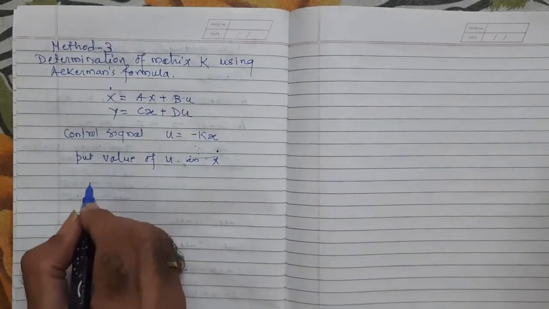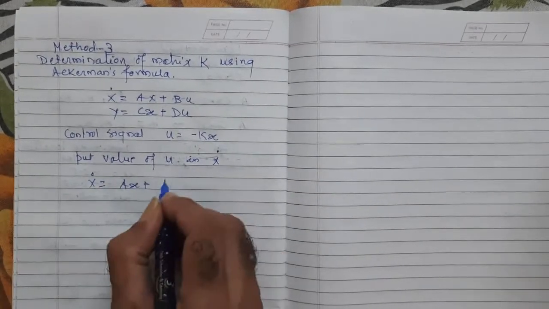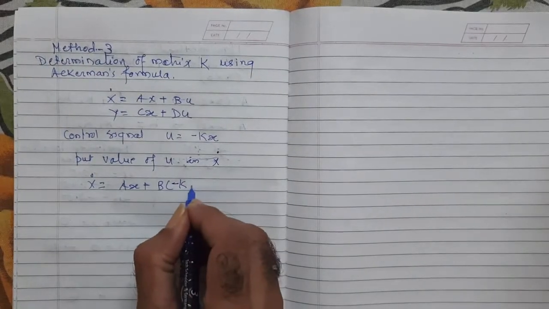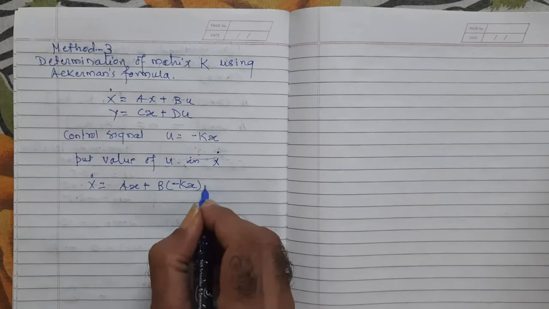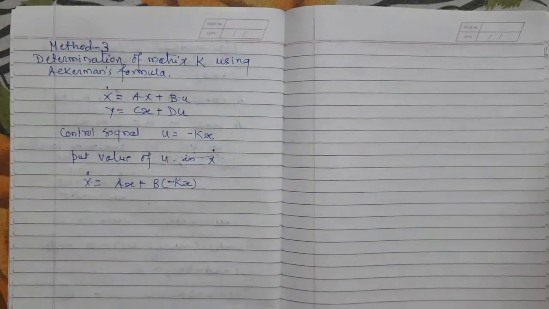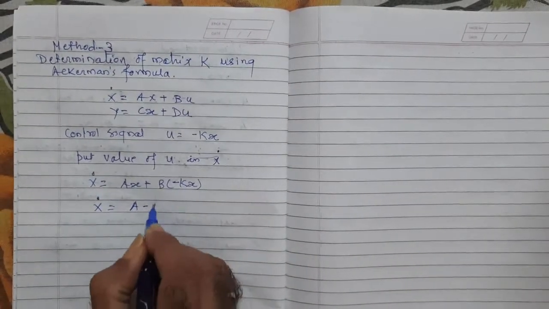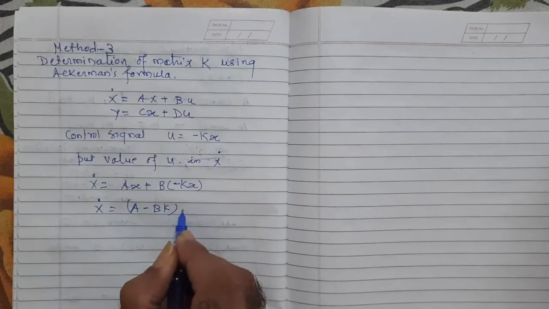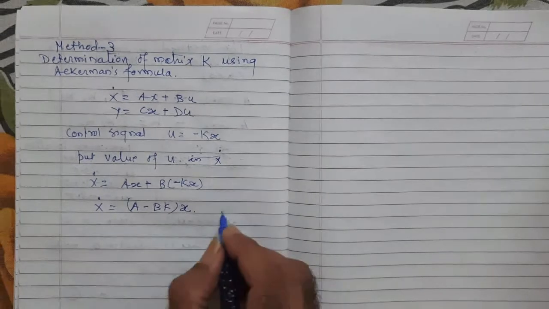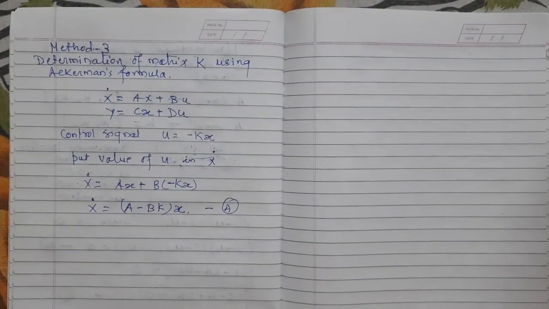So x dot equals ax plus b multiplied by minus kx. So x dot equals (a minus bk) multiplied by x. This formula we have. Let us say this is our equation A: x dot equals (a minus bk) multiplied by x.